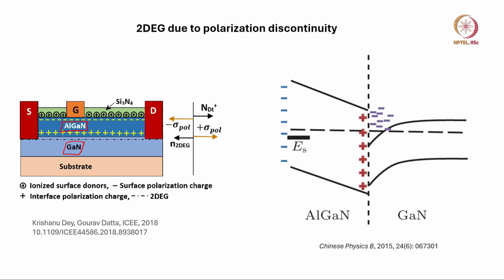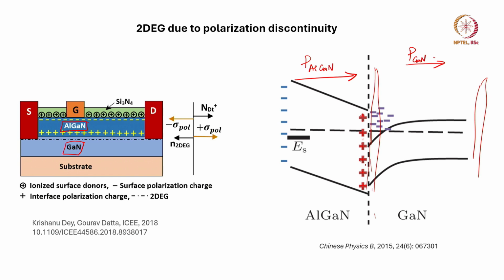Now depending on the polarization, aluminum gallium nitride is going to be ending with nitrogen plane, so I have positive charges, so the polarization is pointing this way in aluminum gallium nitride. And gallium nitride starts with a gallium atomic plane and ends with a nitrogen atomic plane. So the polarization of gallium nitride is also like this. So this is polarization of aluminum gallium nitride, and this is the polarization of gallium nitride.